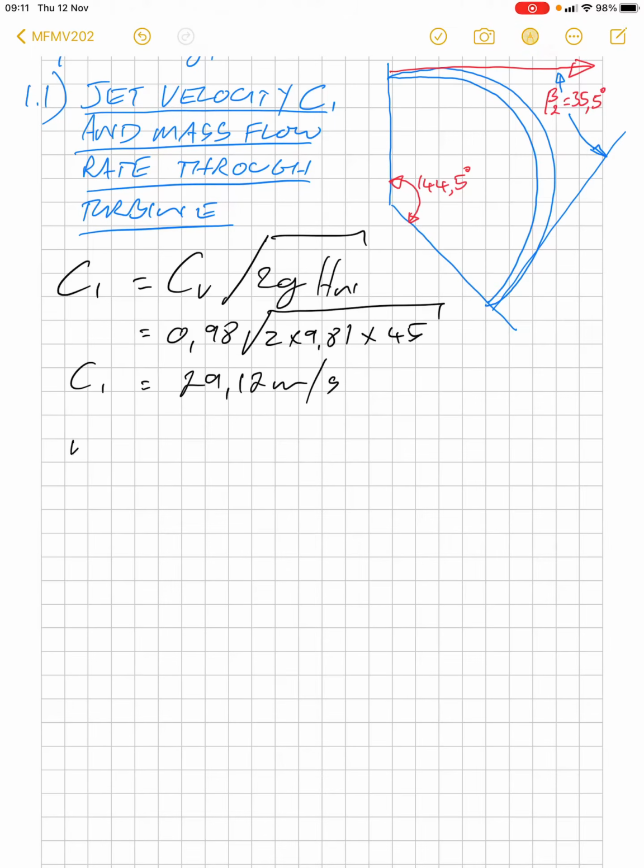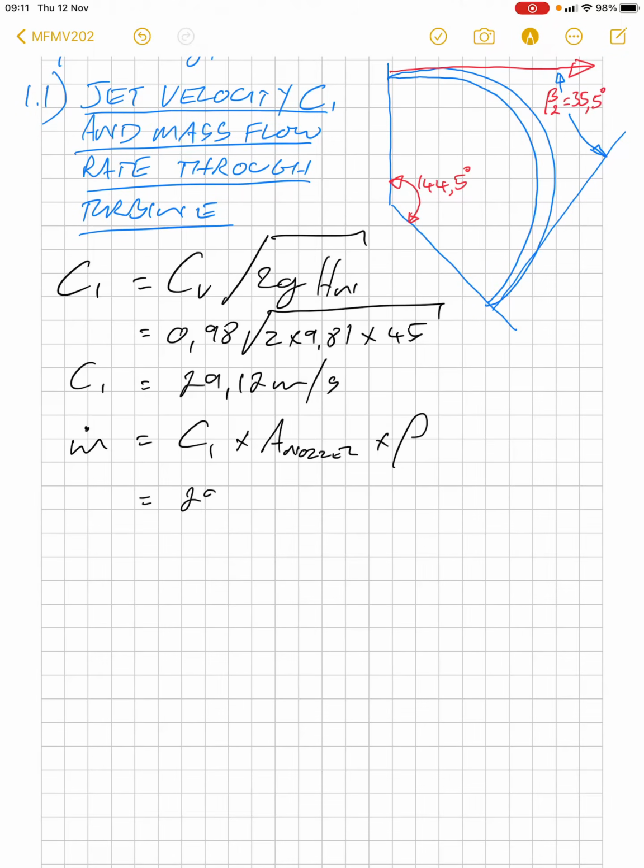Secondly, the mass flow rate. We put a dot above it to indicate that it's a mass flow rate and not just a mass. That is equal to C1, which is the jet velocity, times the area of the nozzle times the density of water.